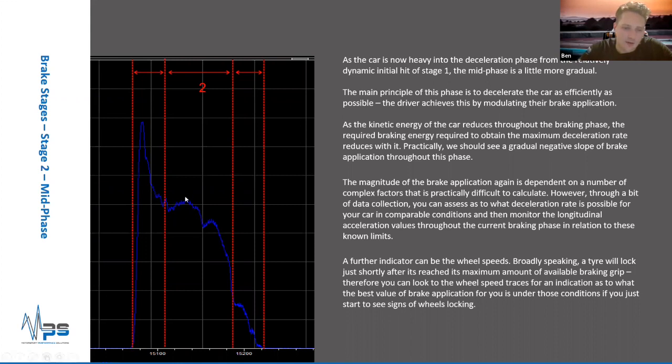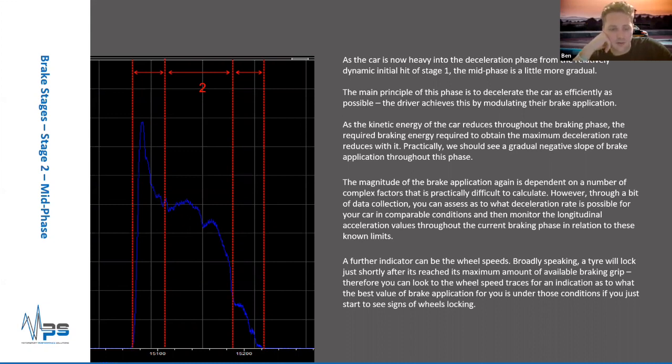Again, it's very hard to calculate exactly what number you want to see here, but there are techniques you can use with other sensors to make a very good educated guess, if you would. Firstly, you've got your longitudinal acceleration input. So you want to be trying to decelerate the car at the greatest negative G that you can.